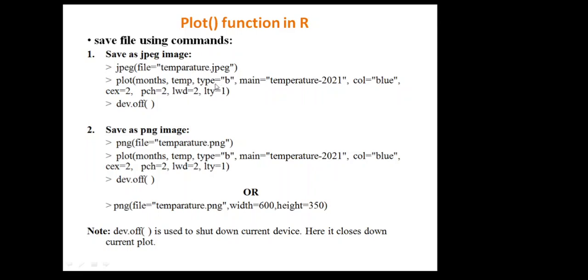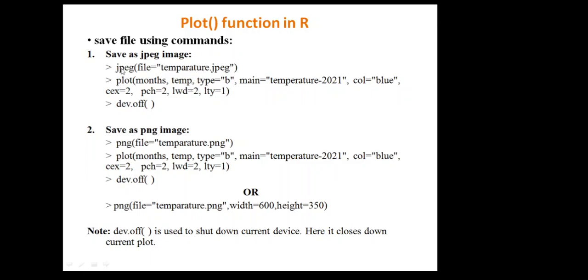If you want to save your line graph in some particular place, then you need to give a path here. I am not specifying a path for the file, so by default it will store this graph in my current working directory.